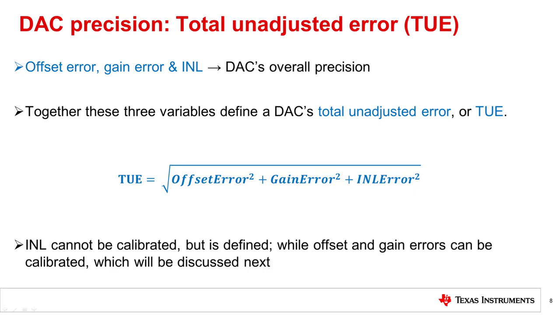TUE equals the offset errors squared plus the gain errors squared plus the INL errors squared, all to the square root. As previously noted, while INL cannot be calibrated, it is defined within any DAC datasheet. And as offset and gain errors can be calibrated, we will now see how calibration of these two inherent errors can positively affect our overall TUE.